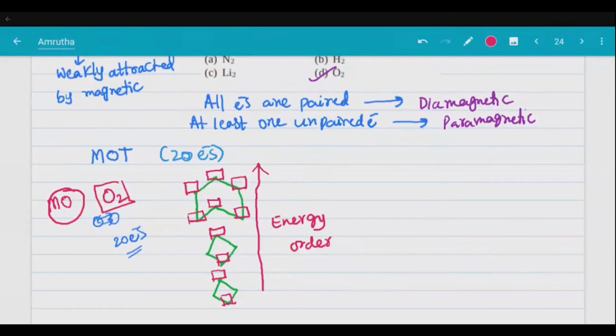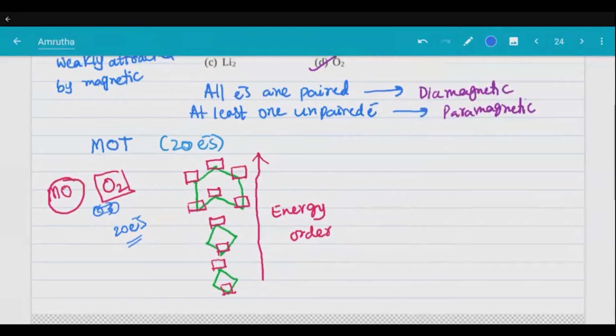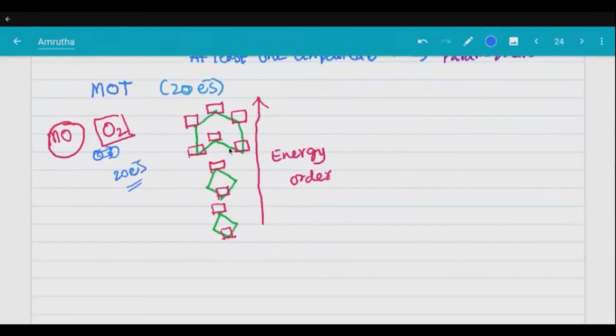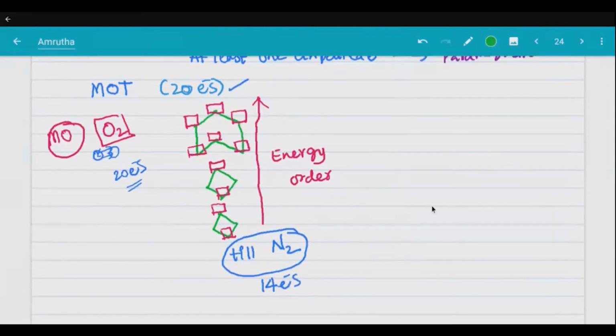This is applicable, very important, for up to 20 electrons. But within that, this diagram is applicable up to nitrogen, meaning 14 electrons. For more than this, if you learn this it is very simple, there is another diagram.